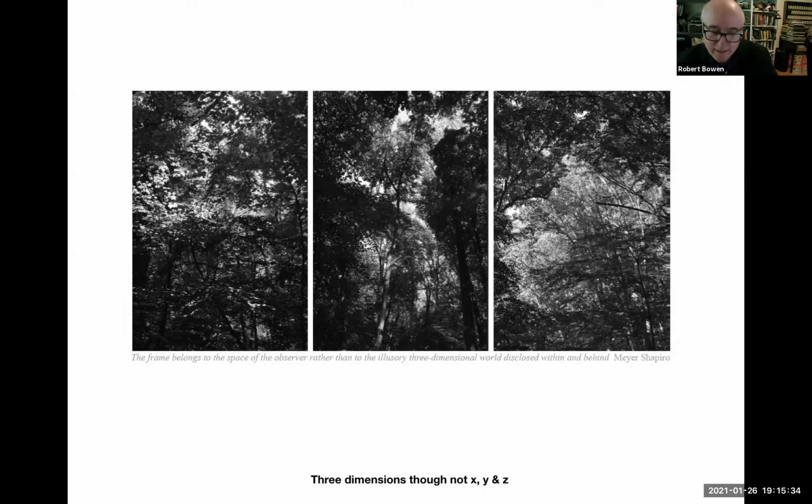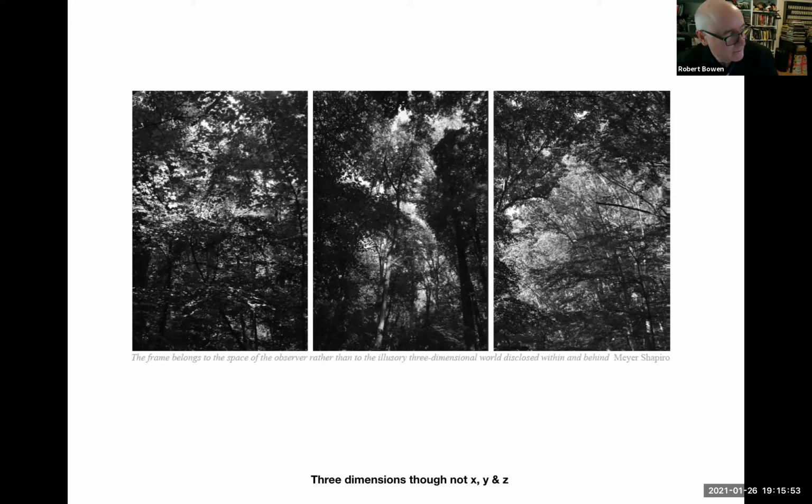There is this idea that at the frame, there is a continuation of the pattern that you see within the frame. It's this illusion of a continuation, which you don't see.